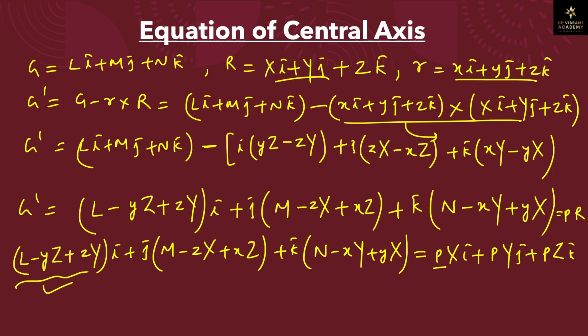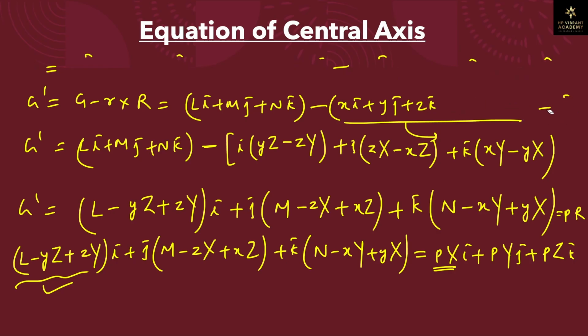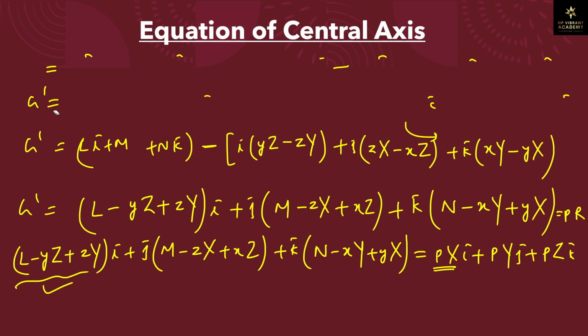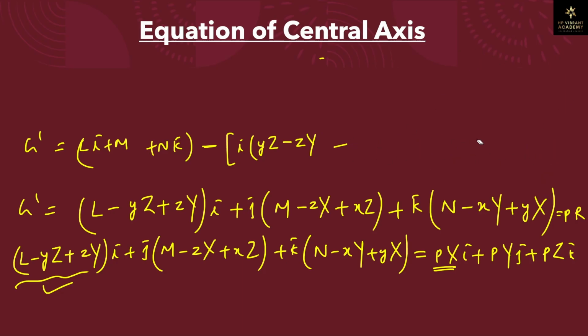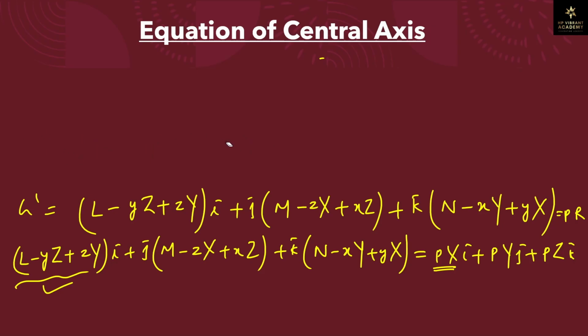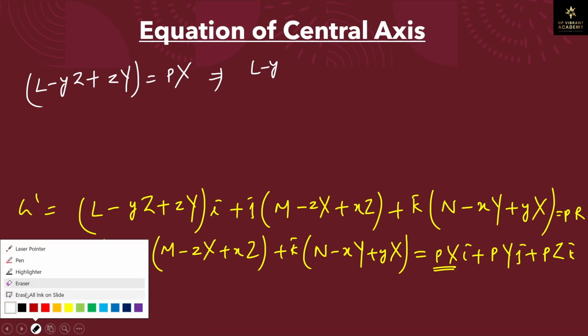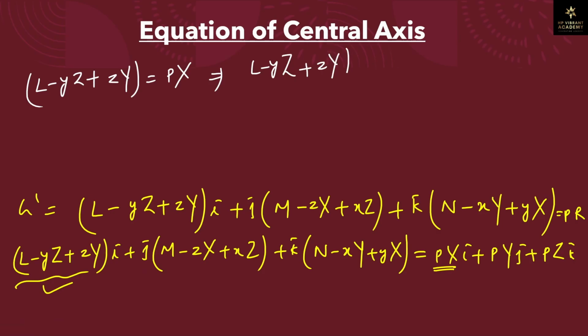So this one is equal to p times capital X. We have L minus y capital Z plus z capital Y equal to p times capital X. So L minus y capital Z plus z capital Y upon capital X is equal to p, the pitch.